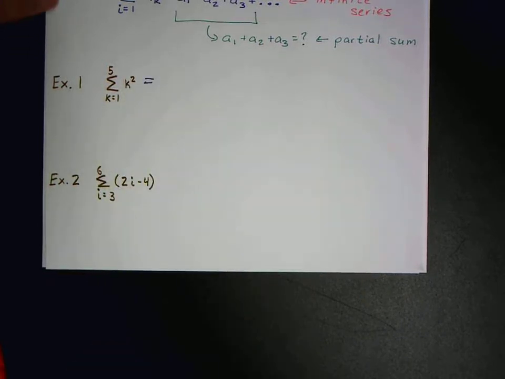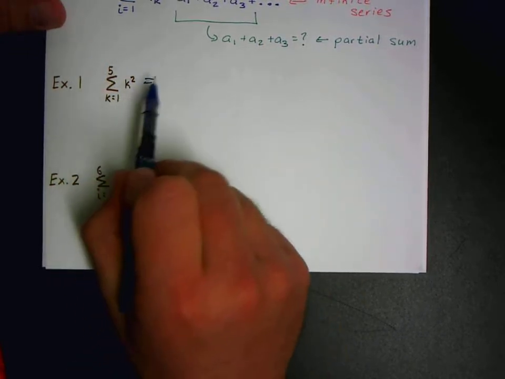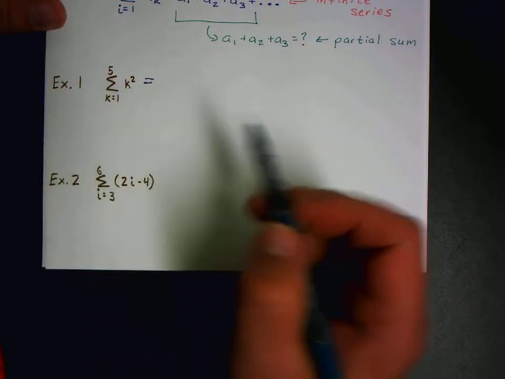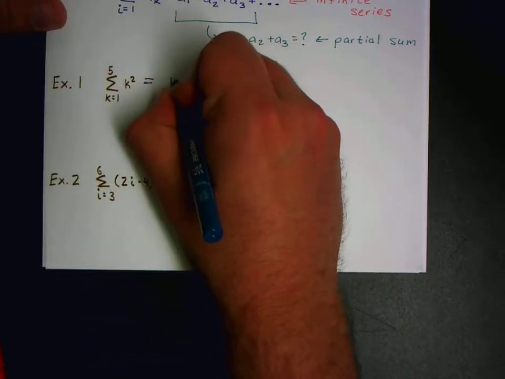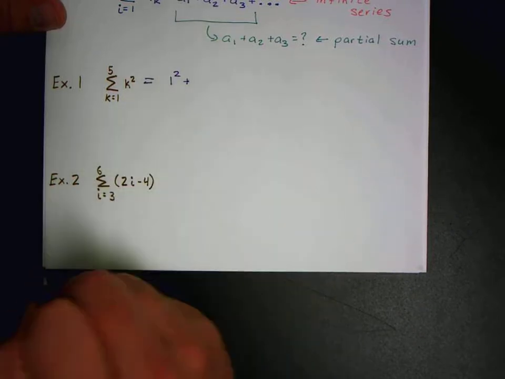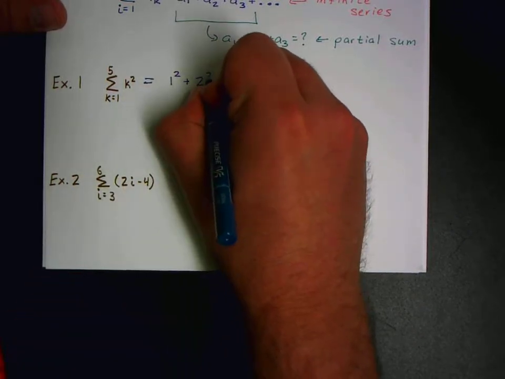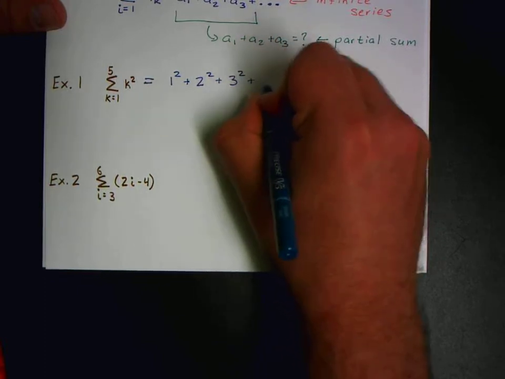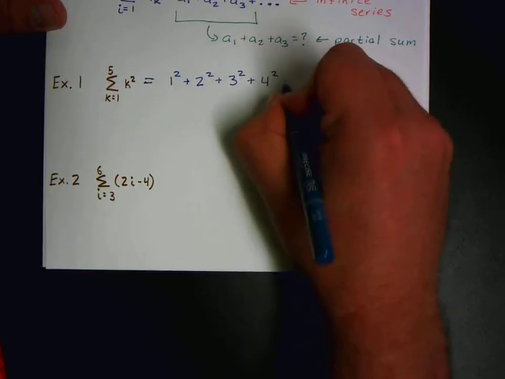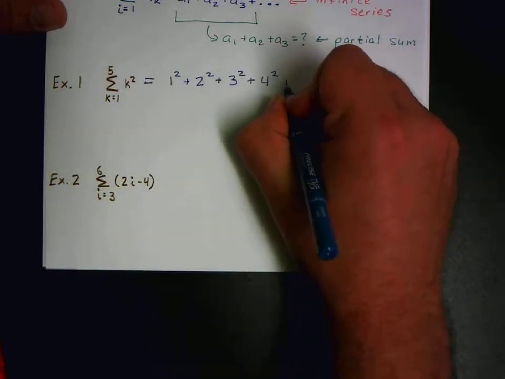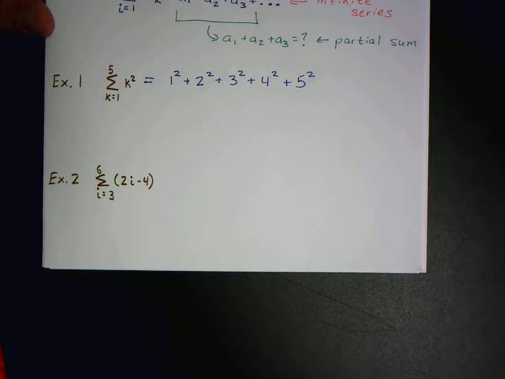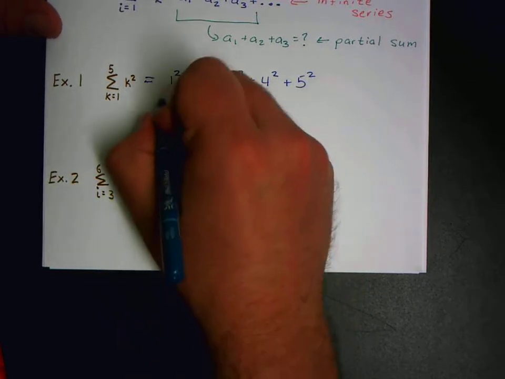So all you have to do is just list this out. So we're going from k equals 1 to k equals 5. So the first term would be 1 squared plus 2 squared plus 3 squared, and we just keep going until we reach the top number, which in this case is 5. And we just have to figure out what that equals.